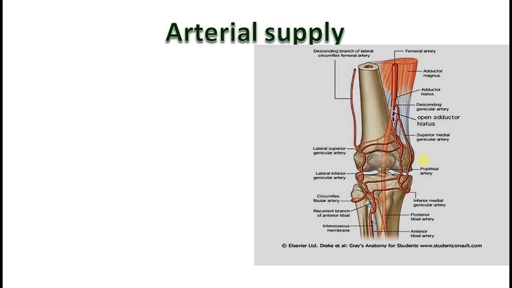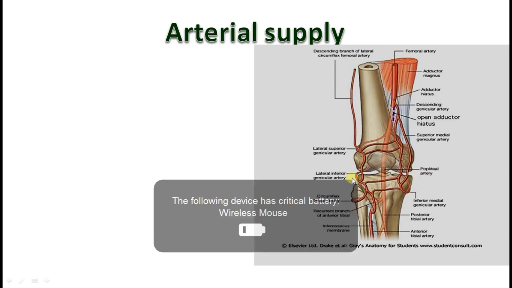Coming to the blood supply, mainly the arterial supply, it is in the form of genicular anastomosis.